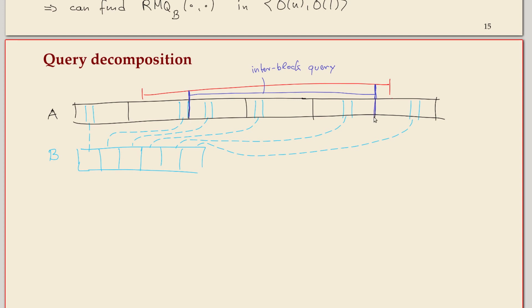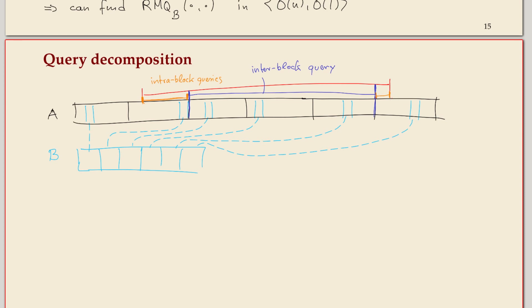Now, this is not all. There's other parts of the query. They extend from here to here. Those are the intra-block queries. They lie totally inside a single block. And we have at most 2 of them.